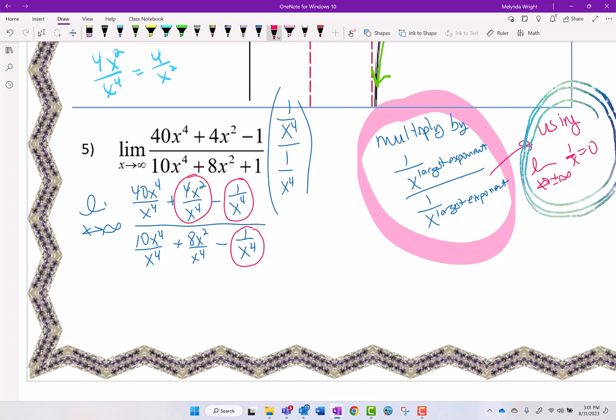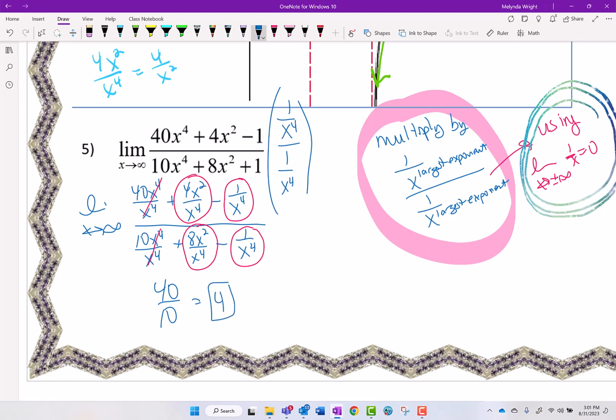What about the one directly under it? Yep, it's going to 0. Now, what is x to the 4th over x to the 4th? It's 1, so that's 1 and that's 1. All I have left are the numbers 40 over 10, and my answer reduced is 4.